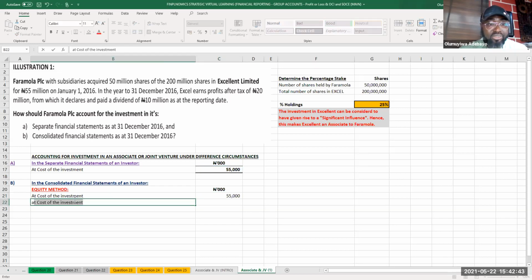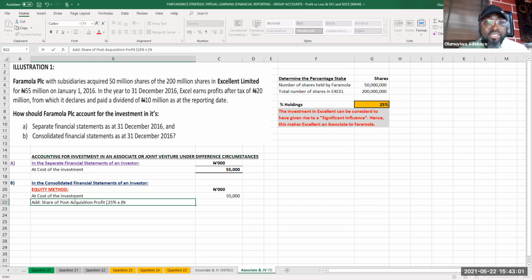And we add to that the share of post-acquisition profits. What is the share? 25% is at stake.